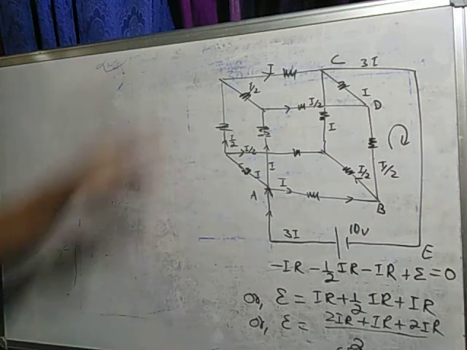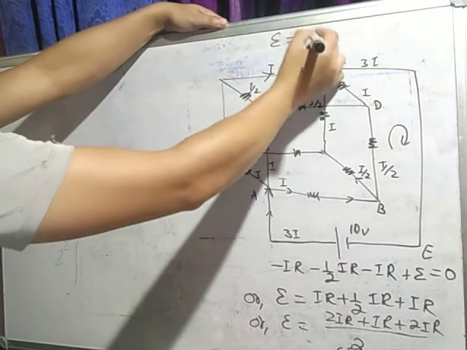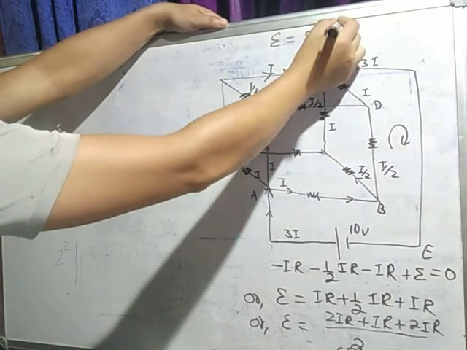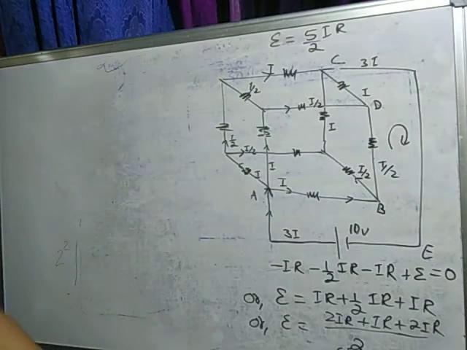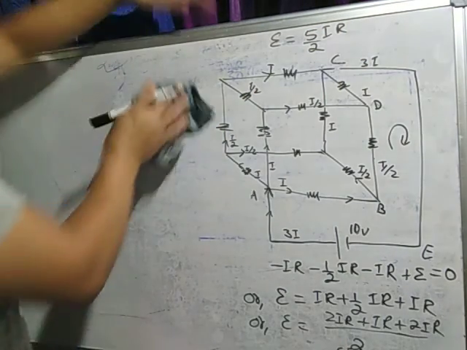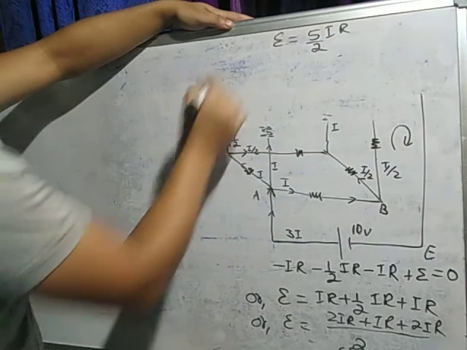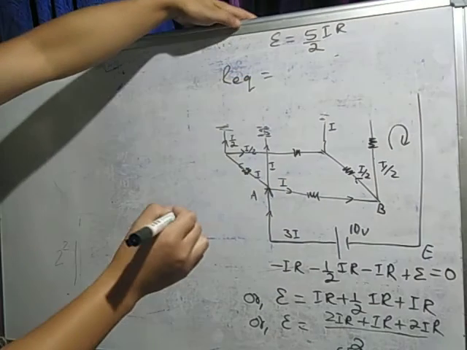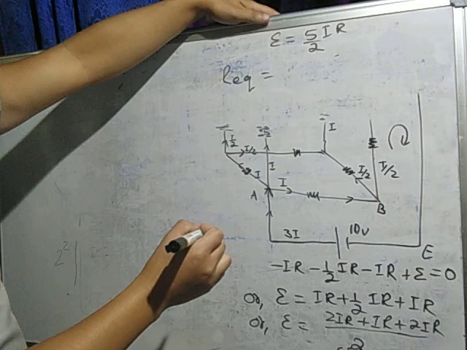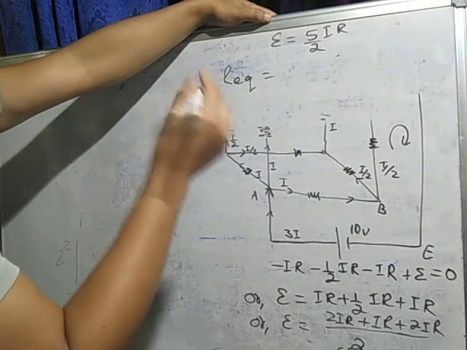Understood, I will write it up here. So E equals how much, 5 IR by 2. Clear? So now we know the equivalent resistance, how much. So R equivalent equals how much, V by IR, isn't it?